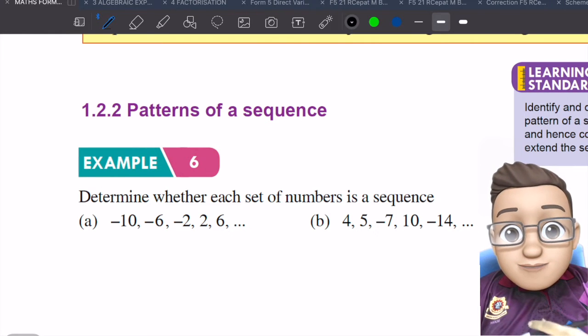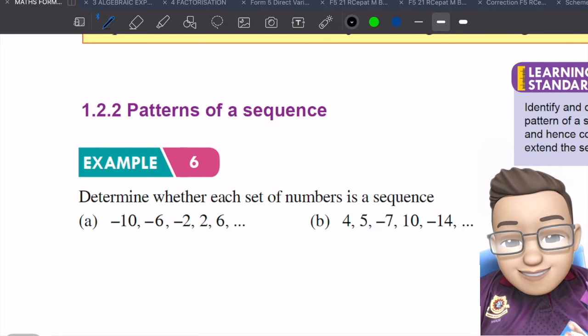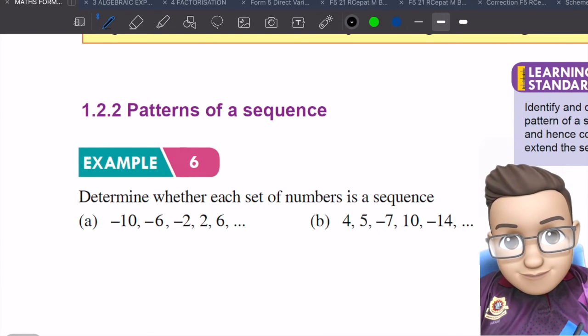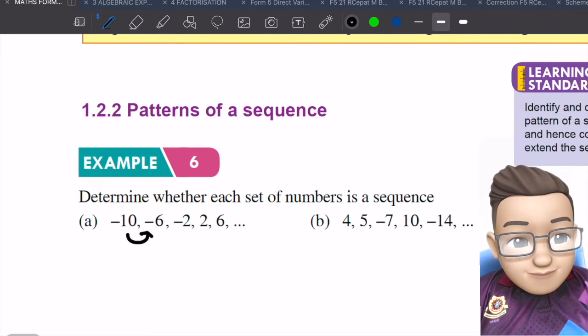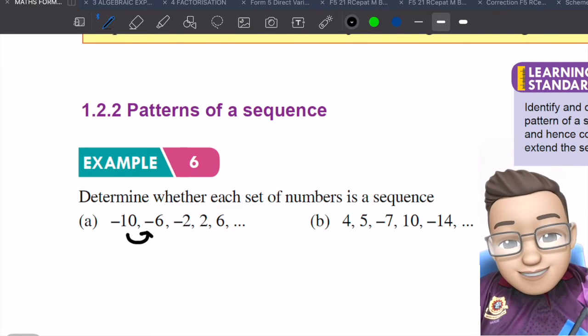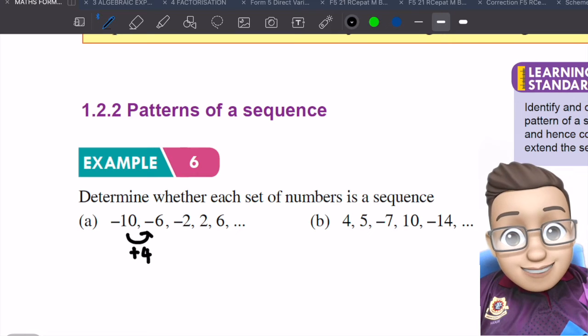We have negative 10, and then it becomes negative 6. How? We add 4. Negative 10 plus 4 is negative 6.